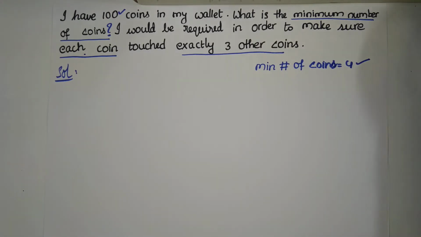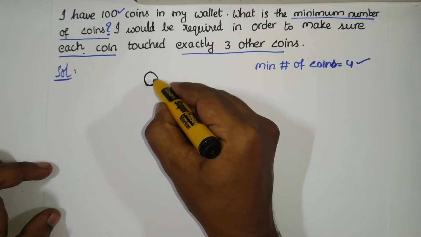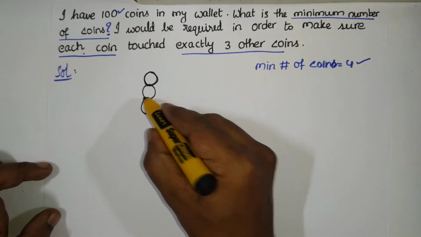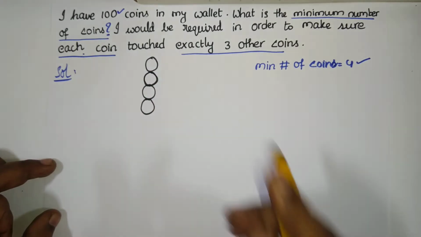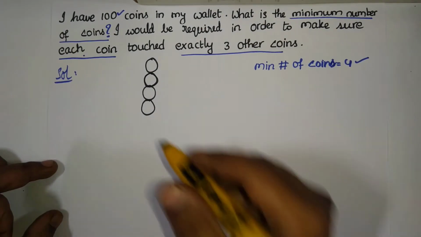Now we shall investigate whether this minimum of 4 coins is valid or not. Let's arrange our coins and see. Let me put coin 1, coin 2, coin 3, and coin 4 one below the other vertically.